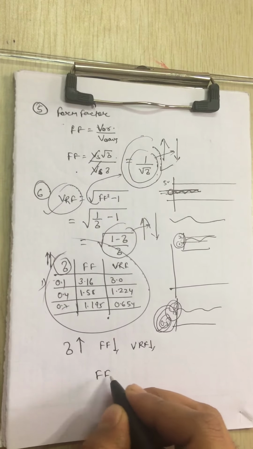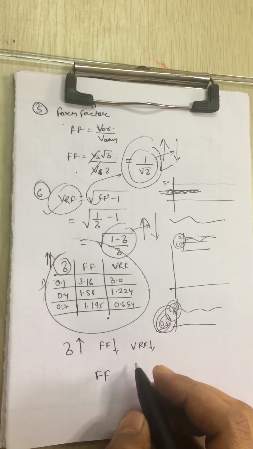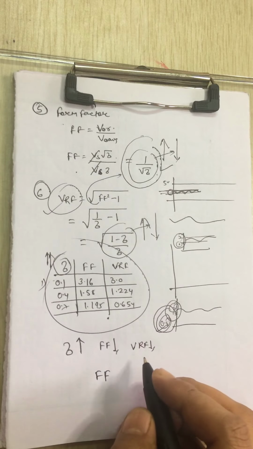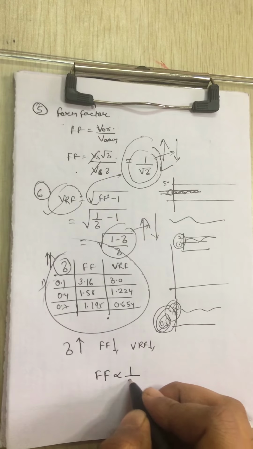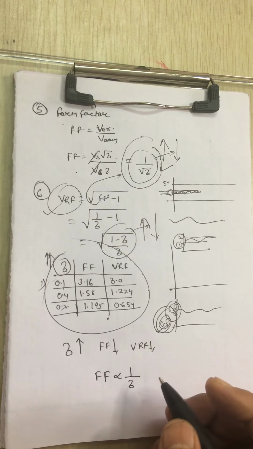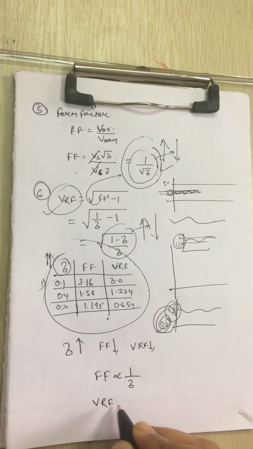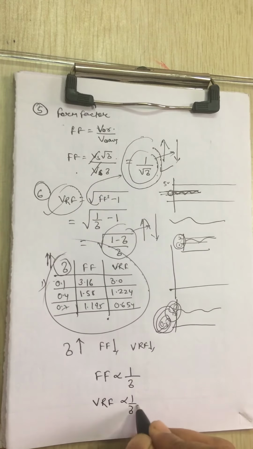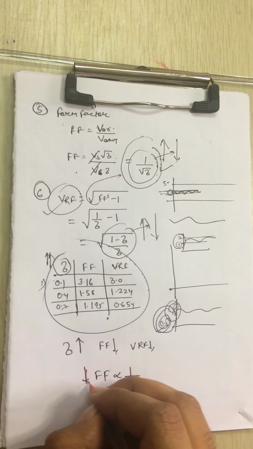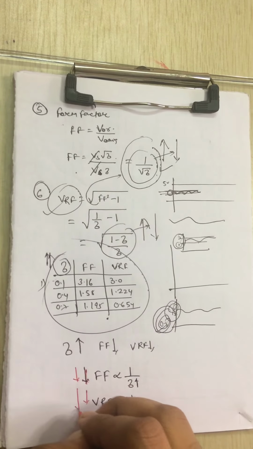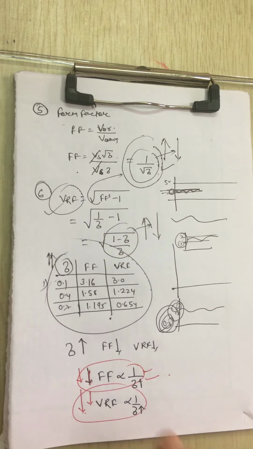So the form factor is inversely proportional to delta, and the voltage ripple factor is also inversely proportional to delta. If delta increases, these two will decrease.